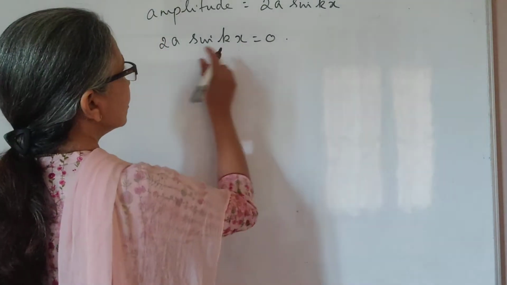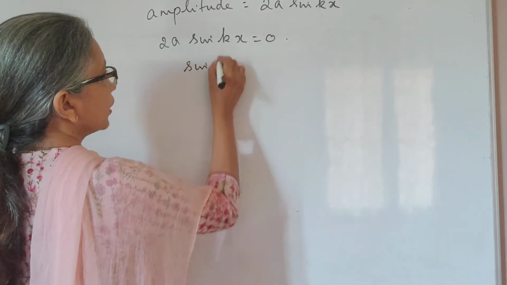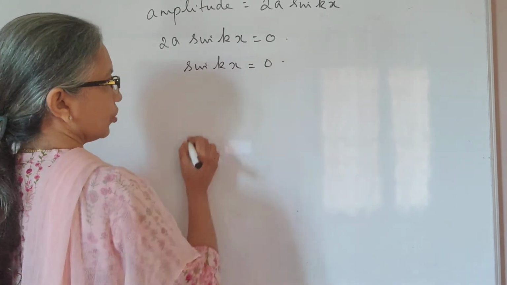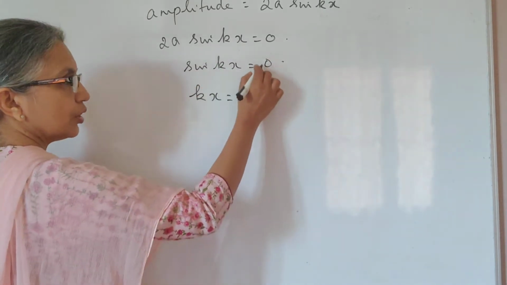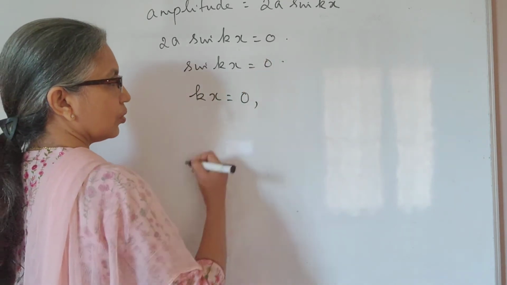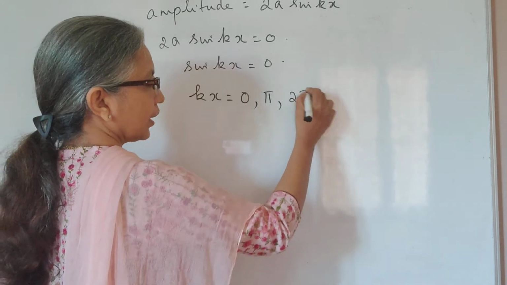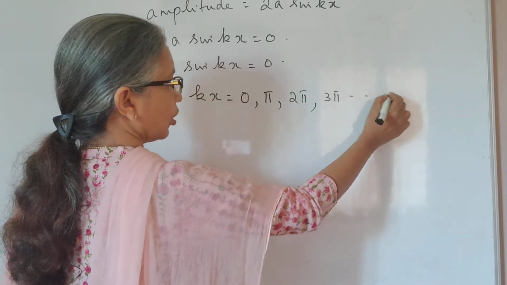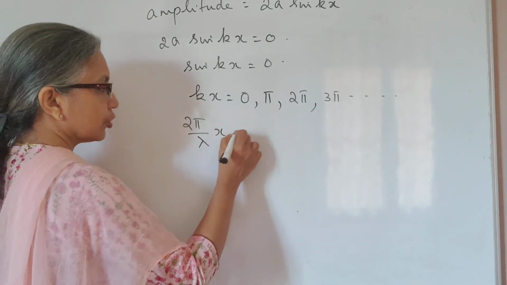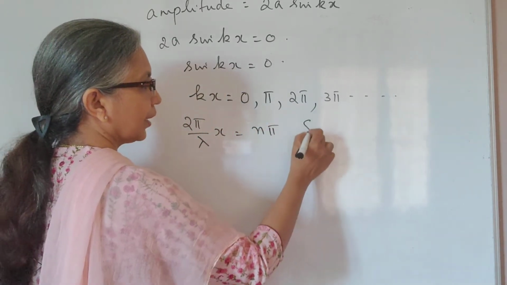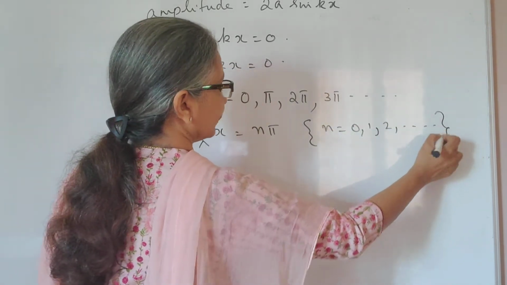So the condition is 2a sine kx must be 0, which shows that sine kx must be equal to 0, which means kx can take values, since you need this to be 0: sine 0 is 0, then sine 180 degrees is 0, sine 2 pi is again 0, 3 pi and so on. Or k, as you know, is 2 pi by lambda. x should be equal to n pi, where n can take any value, and so on.